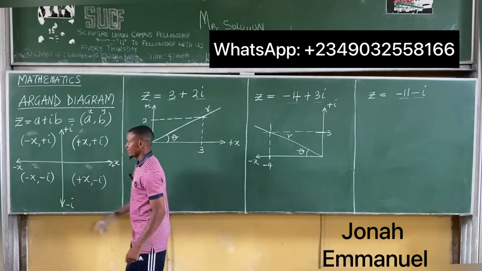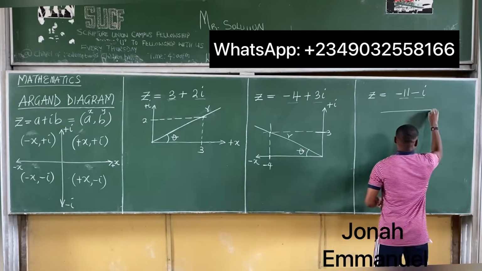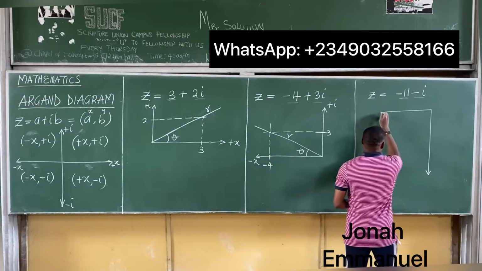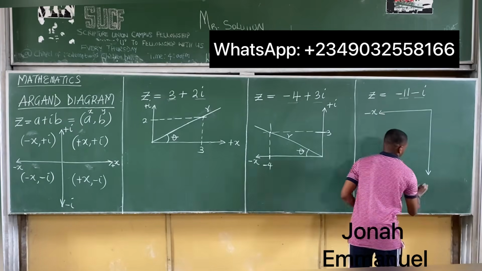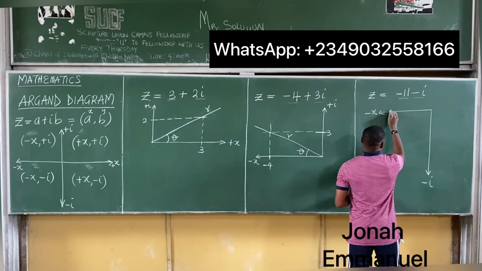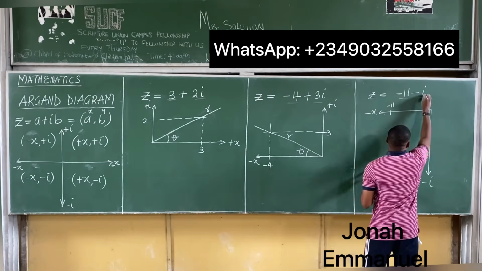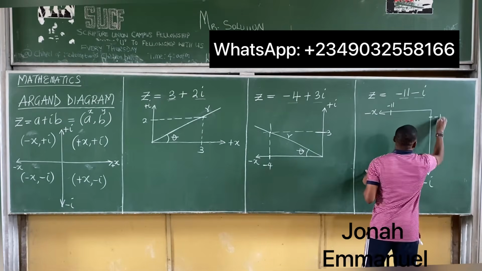I'll come here, I'll draw this way and then this way. This is the negative x, this is the negative i region. Negative x, we said we're having here as minus 11. Negative i, we're having here as minus 1.